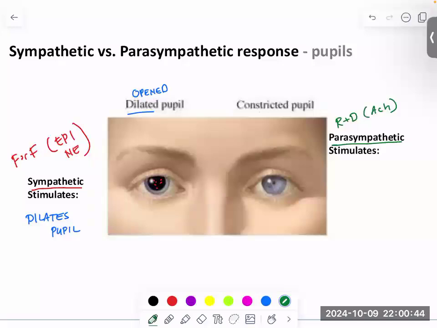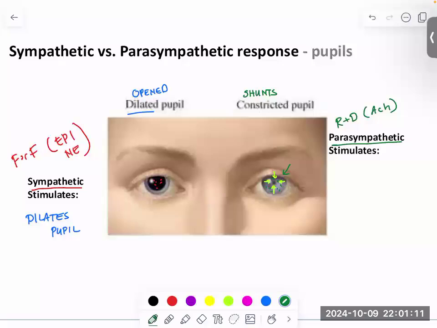When you put acetylcholine onto the iris, it constricts the iris. It doesn't completely close, but what's the better word to use? Constricts. The better word is shunts. Makes it smaller.